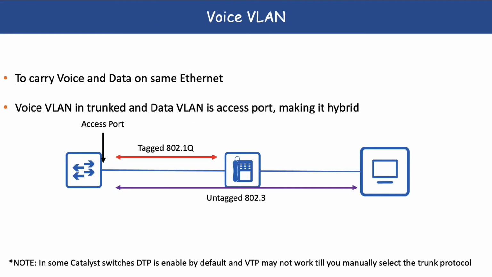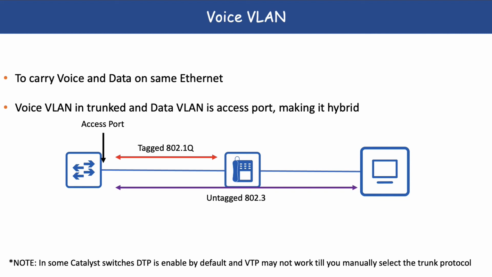And the last VLAN type that Cisco has is a voice VLAN. So what happens if you have a Cisco phone on one of the desktops and the Cisco phone has a desktop connected to it? In that case, the voice VLAN has to be trunked and the data VLAN has to be an access port.